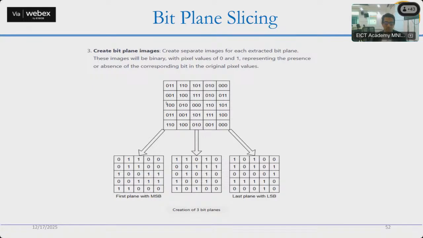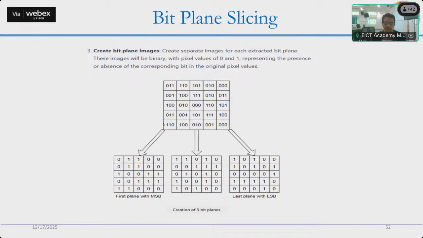Now this is the same 5 by 5 image we have seen earlier, but now every pixel intensity is represented in the form of 3 bits, right? So we create the bit planes.